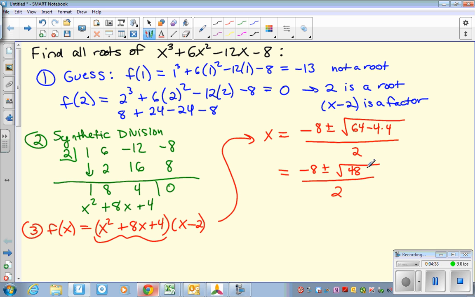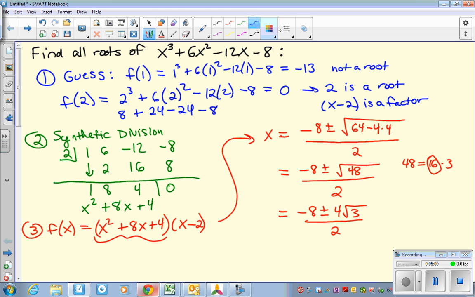Now we can't take the square root of 48 perfectly, but 48, try to think of perfect squares that go in it. 4 goes into it, but 16 also goes into it. And so this ends up becoming negative 8 plus or minus. We can pull out the square root of 16, which is 4, square root of what's left, 3, all over 2.